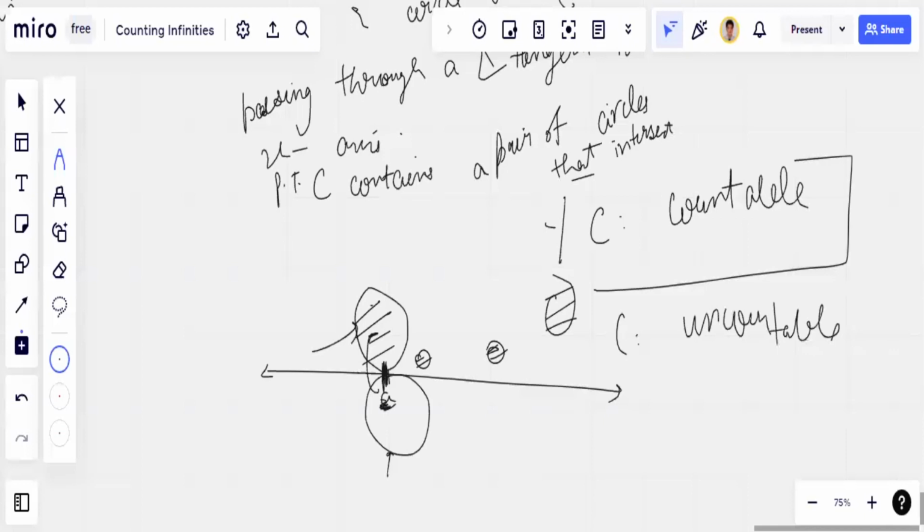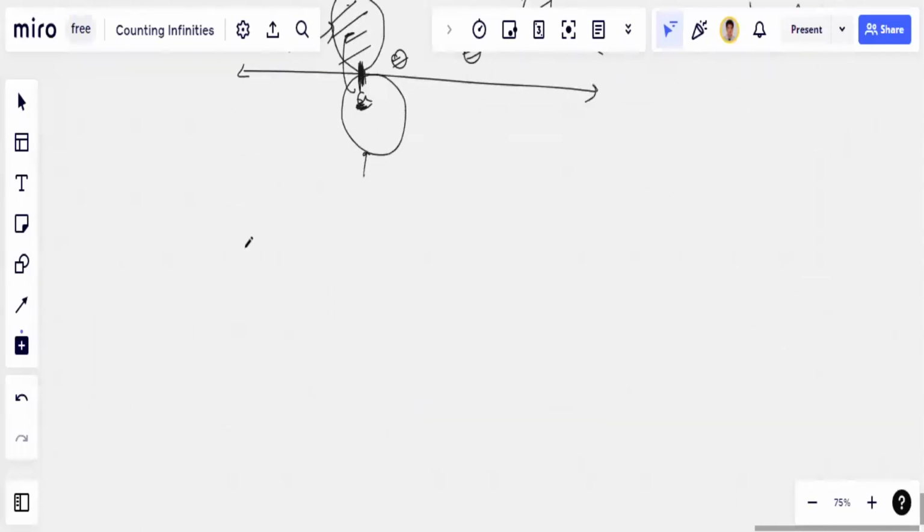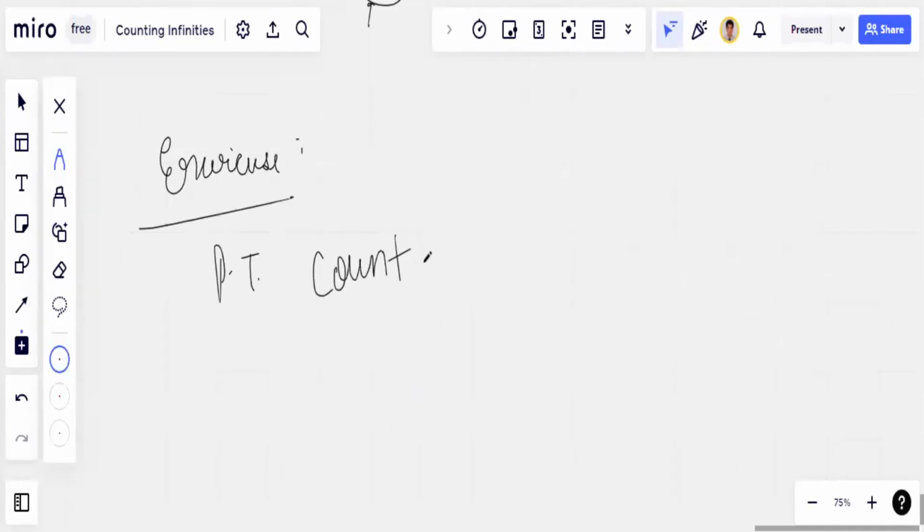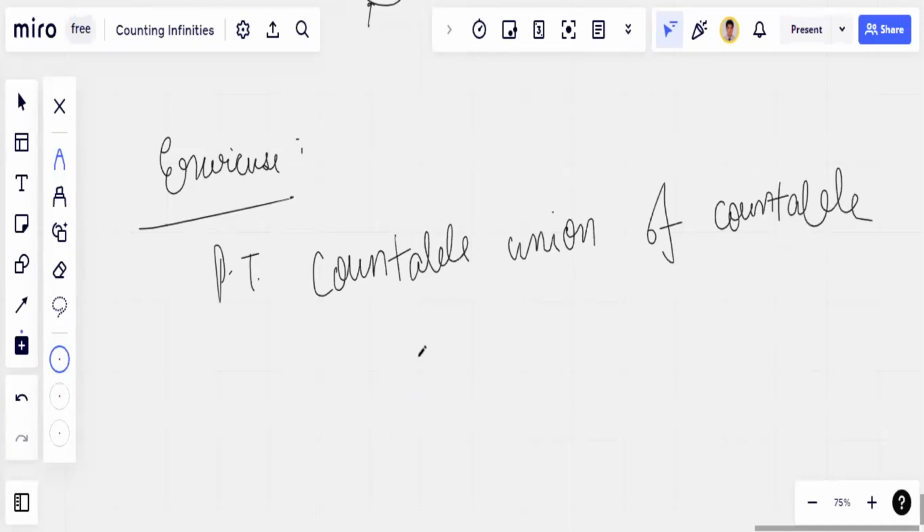What about the other people? Okay, I assume that is clear to everyone.